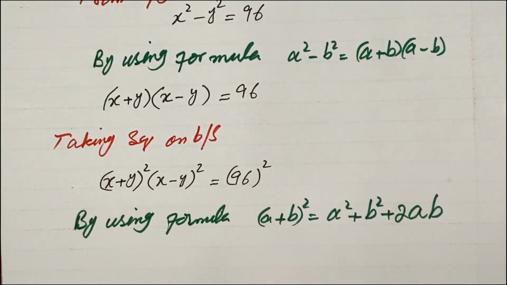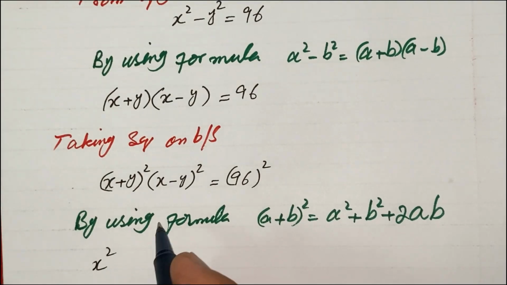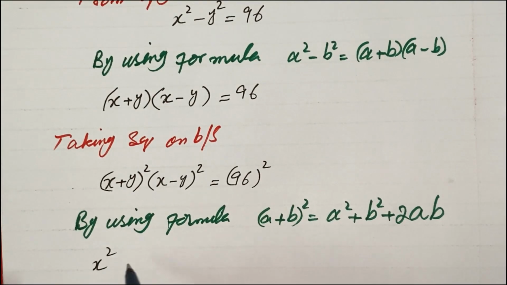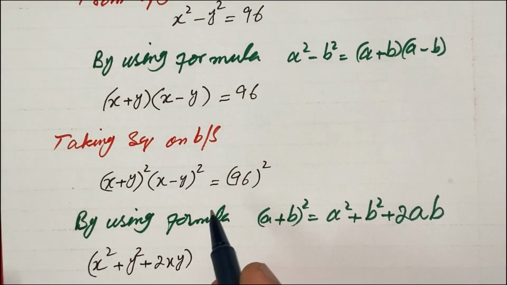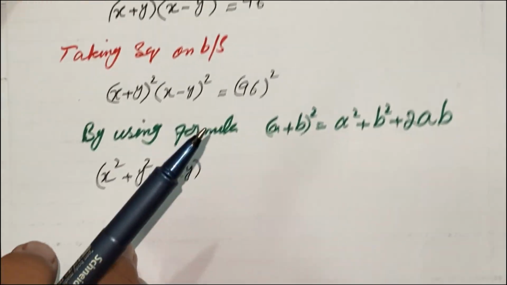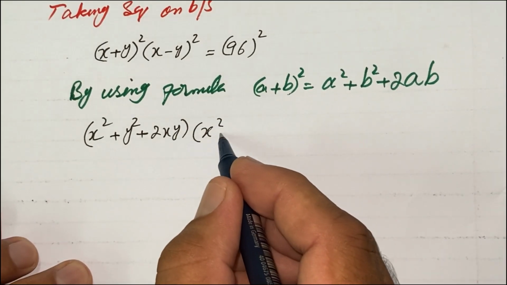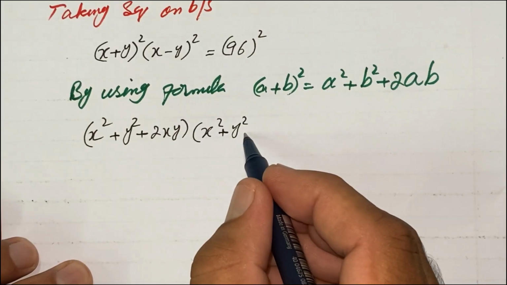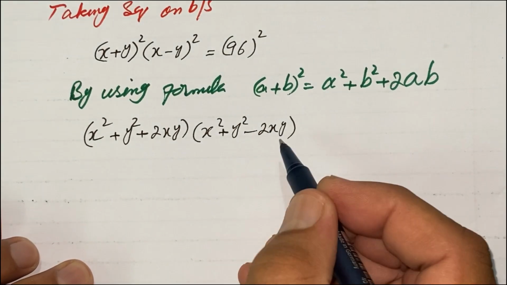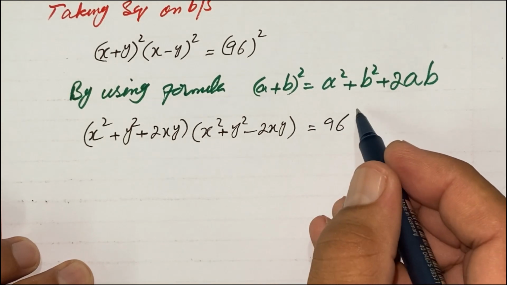Now x square plus y square plus 2xy, and in the same way x minus y whole square, x square plus y square minus 2xy is equal to 96 whole square.